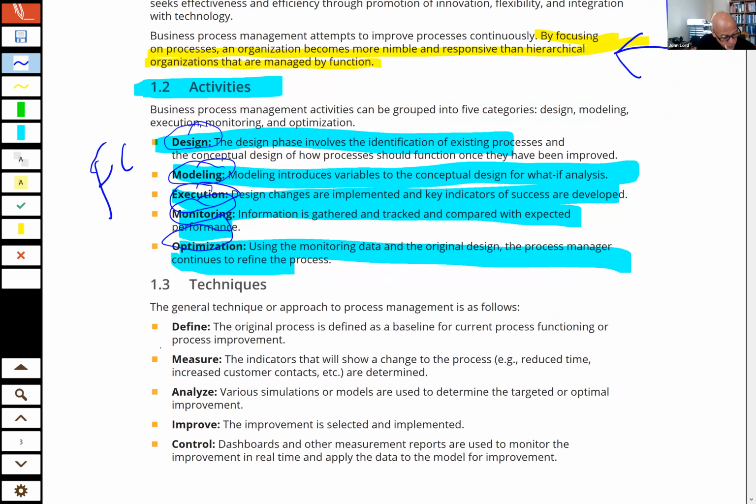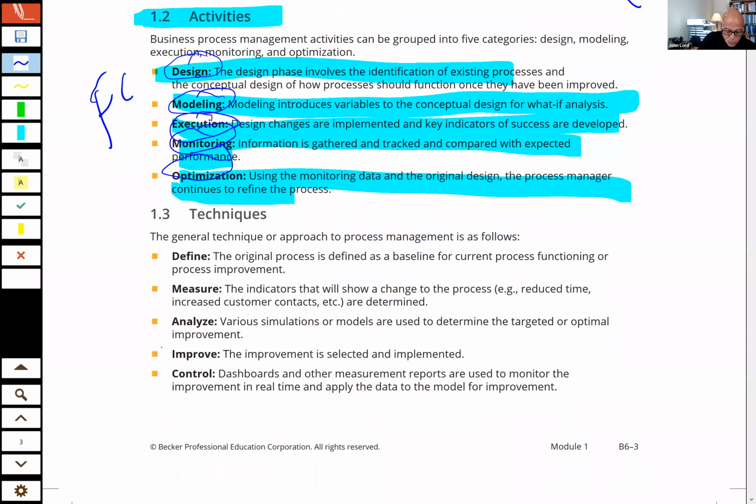Okay. Now, some of the techniques that we'll use in this sort of continuous improvement: we will define what the original process is as a baseline. We will then measure indicators that will show a change to the processes, for example reduce time, increase customer contacts.